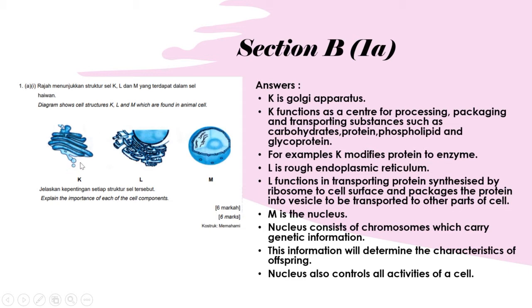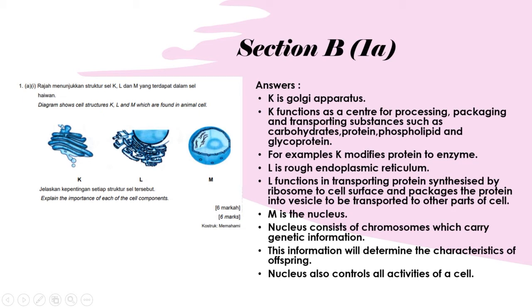You have to identify the structure. Make sure you can remember all the organelles inside the cell. So this is referred to the Golgi apparatus. This is referred to the rough endoplasmic reticulum. Why rough endoplasmic reticulum?